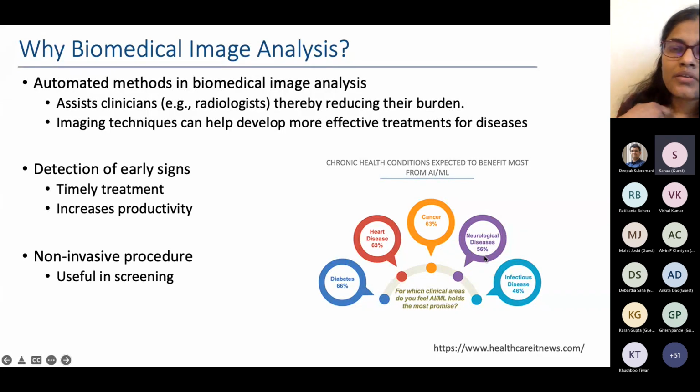When I say neurological diseases, it covers a wide umbrella of diseases like neurodegeneration, such as dementia, Alzheimer's disease, or cerebrovascular disease like stroke, which has high incidence in India. All these diseases could highly benefit from implementing automated methods in healthcare, and also infectious diseases.